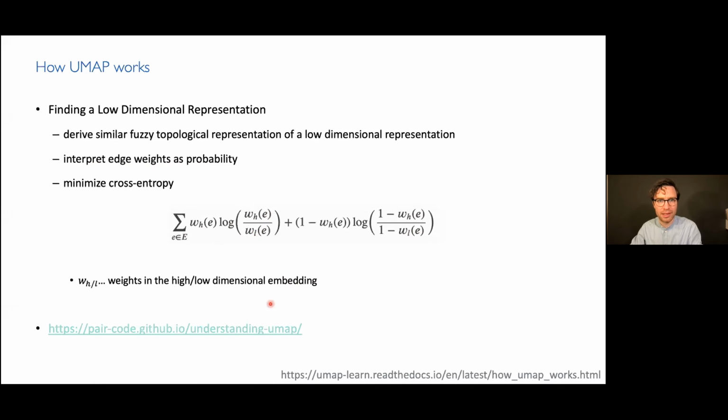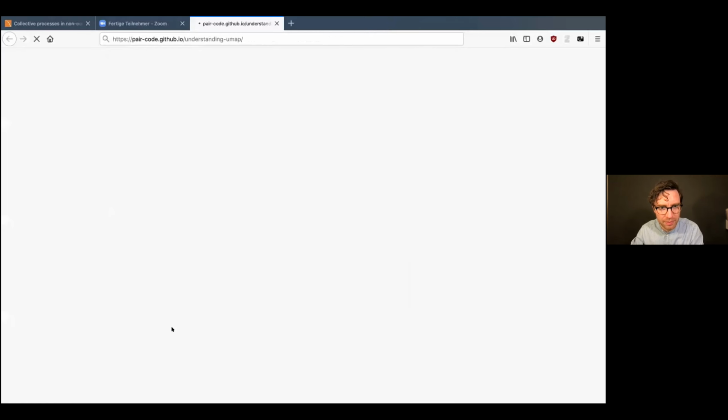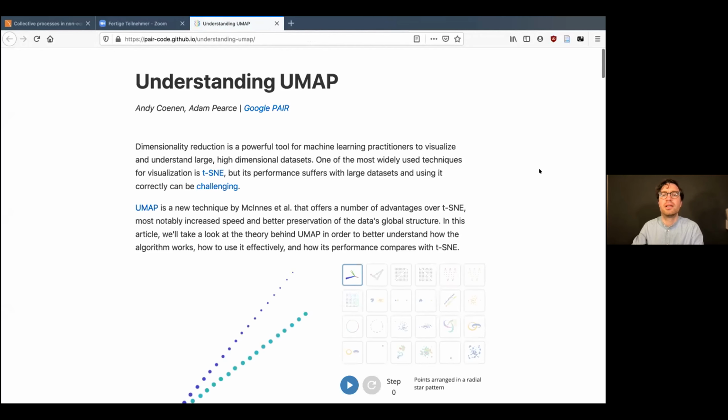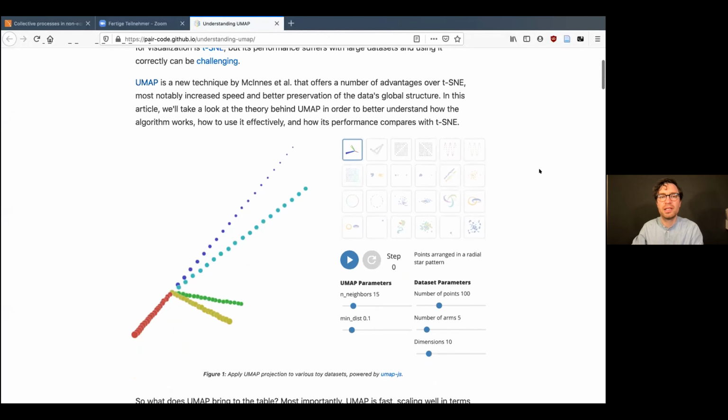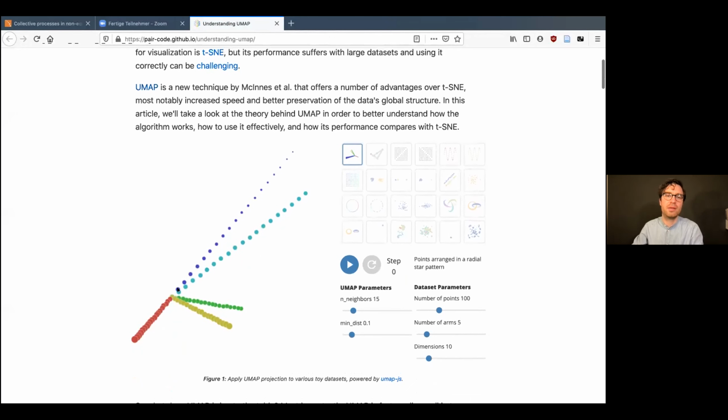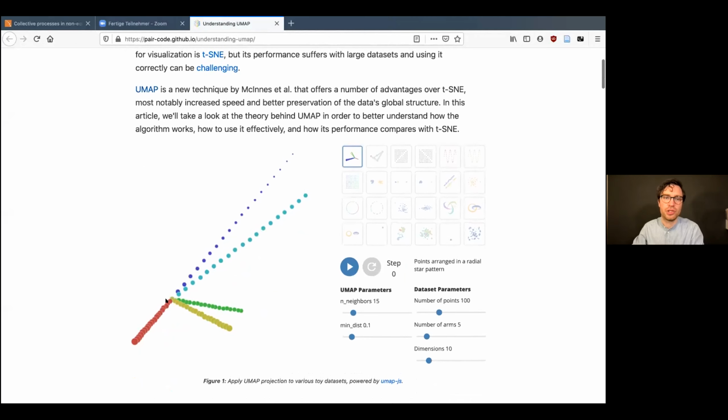Now, how does this work in practice? If you want to read more about this, there's a nice homepage. I just wanted to show an animation here, called Understanding UMAP, where, for instance, you have an example in 3D. You have dots which run out from a center in a star-like fashion.